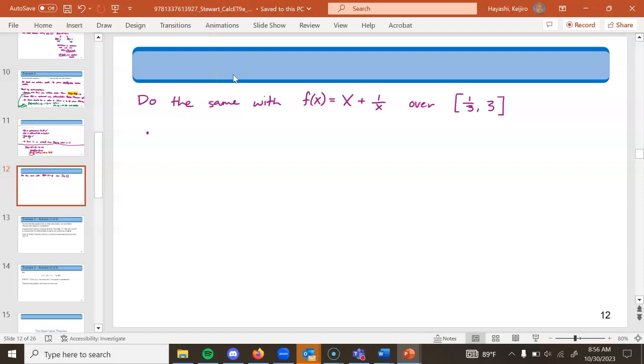Let's first verify the three things that you need: its continuity, its differentiability, and the function being equal at both endpoints of the interval.